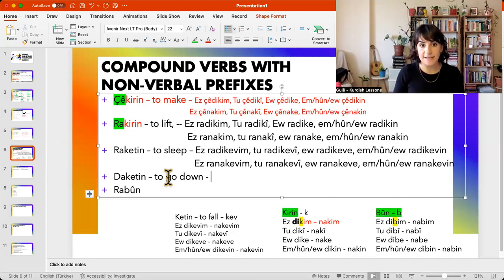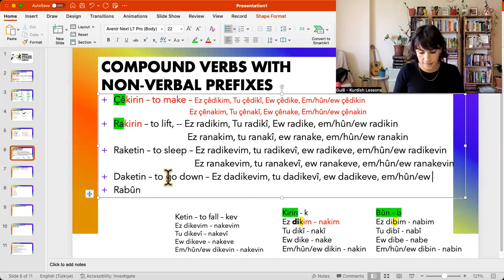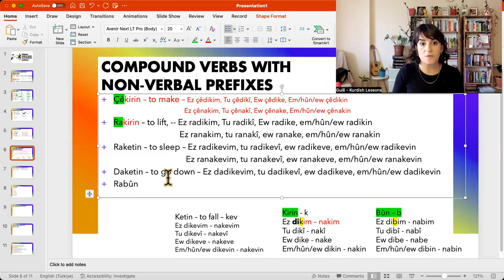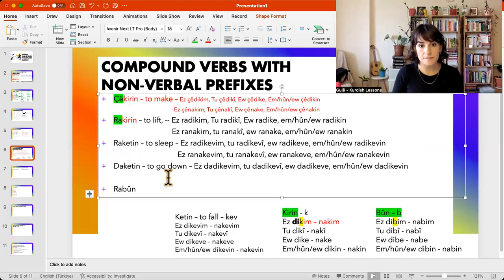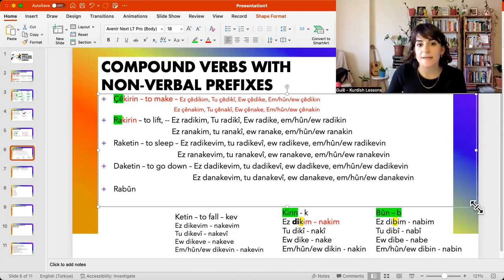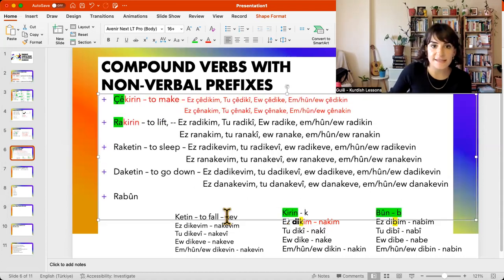And it's conjugated as dadikevim, tu dadikevi, ev dadikeve, em hun ev dadikevin. Negative: as da nakevim, tu da nakevi, ev da nakeve, em hun ev da nakevin. Dadikevim, danakevim. Dadikevi, danakevi. Okay?